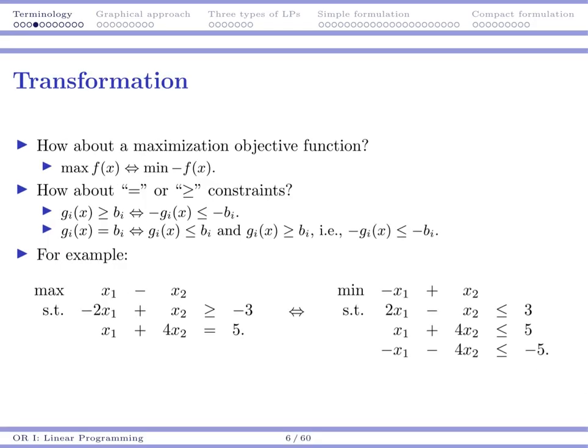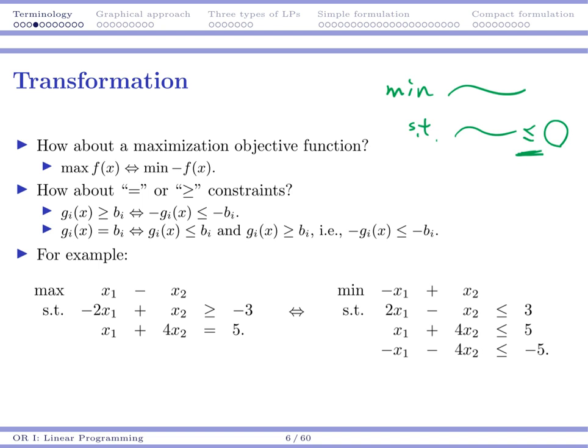So we mentioned to you that in general, we may write things into a minimization problem subject to some inequality constraints whose direction is less than or equal to. So how come this is general?